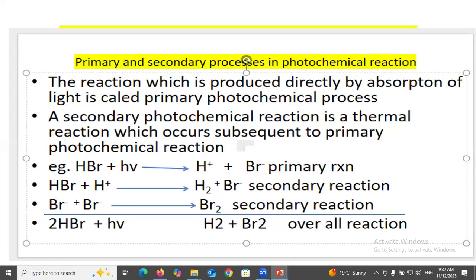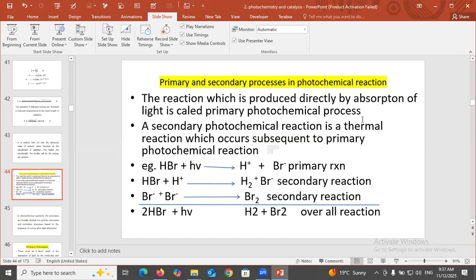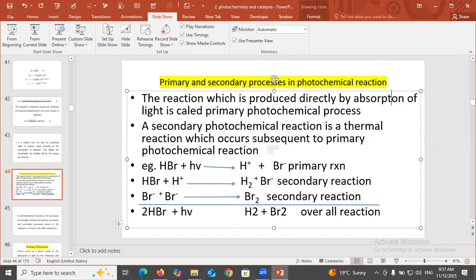The primary and secondary processes of a photochemical reaction. The reaction which is produced directly by the absorption of light is called the primary photochemical process, and the secondary photochemical reaction is a thermal reaction which is subsequent to the primary photochemical reaction.